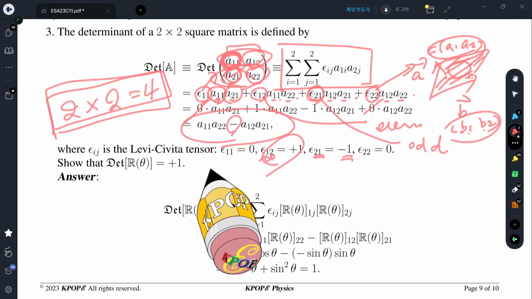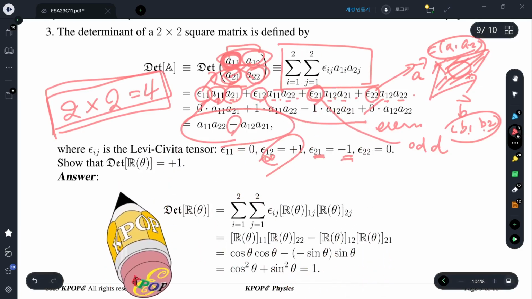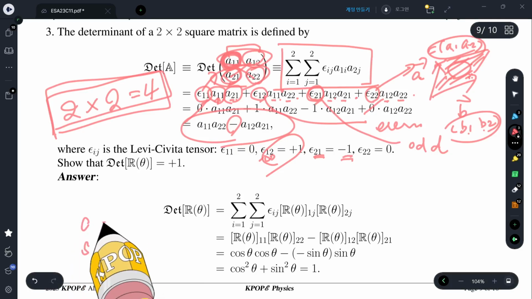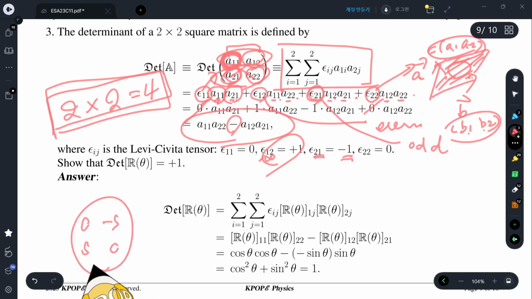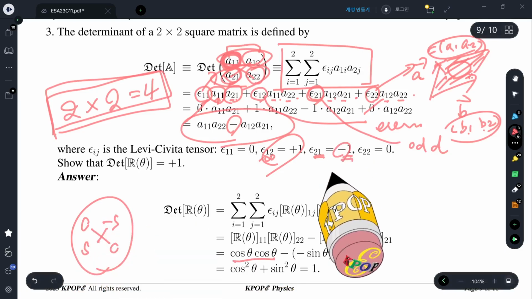So if you make use of this definition, the determinant of a two-dimensional rotation matrix, where we have cosine, sine, minus sine, cosine, is the product of this cosine squared, minus the product of this minus sine squared, multiplied by negative sine.